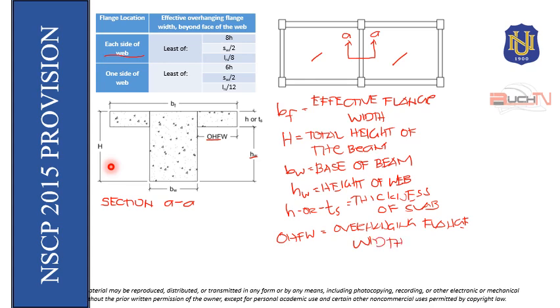So, yun ngayon yung magiging parts nung T-beams natin. Lahat naman ito, yung H, yung BW, yung T sub S will be given dun sa problem. Ang kailangan nating hanapin kapag given yung floor plan natin is yung effective flange width.